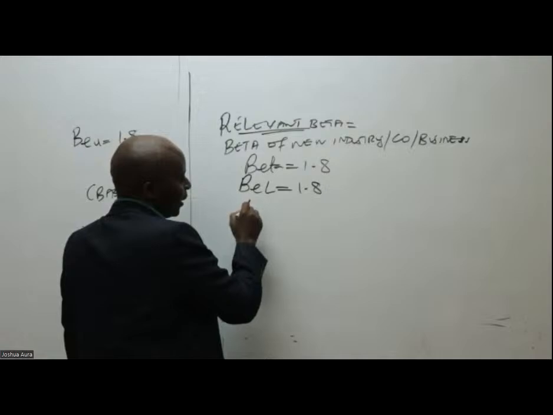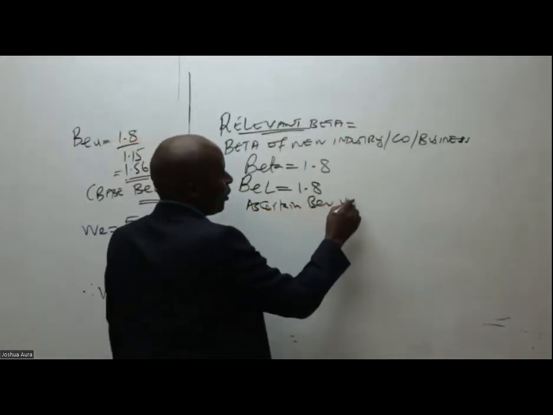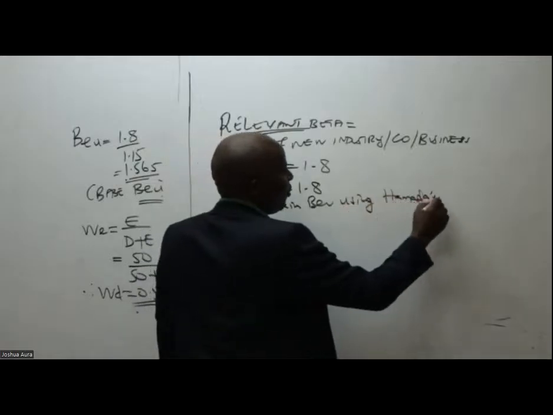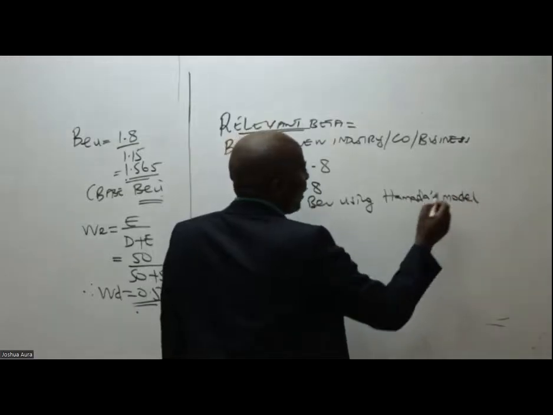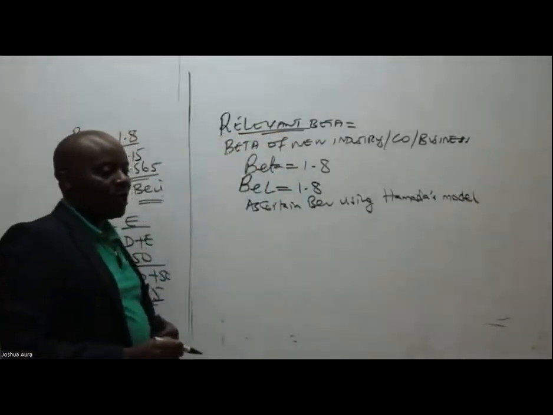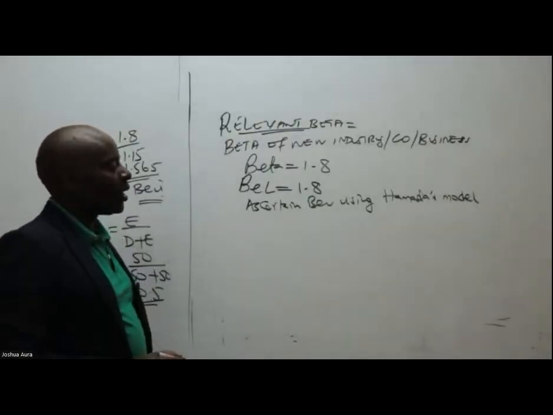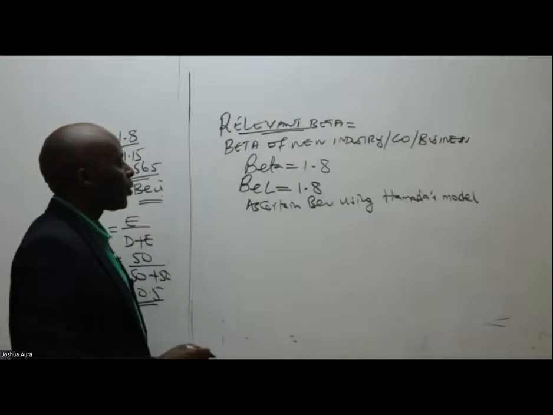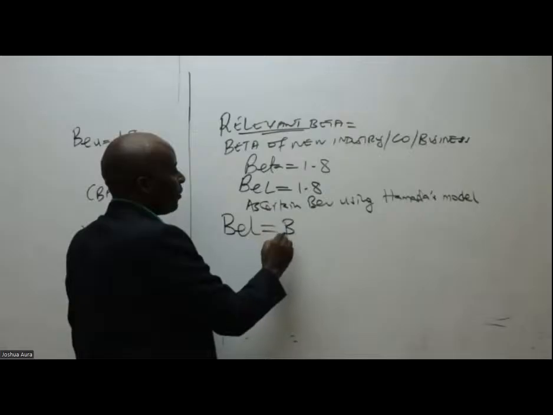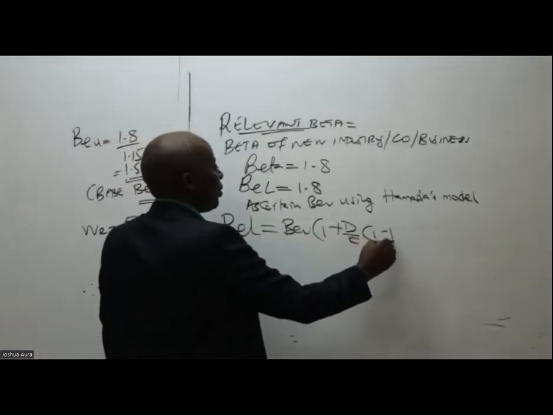So in this case, ascertain BEU using Hamada's model. This is how Hamada's model looks: BEL equals BEU times 1 plus debt to equity ratio times 1 minus tax.